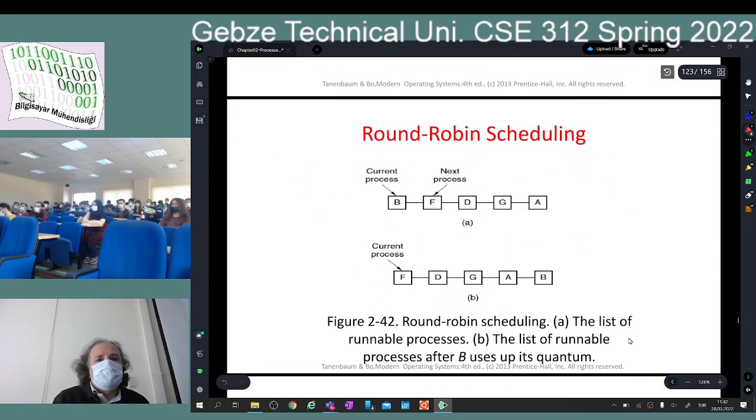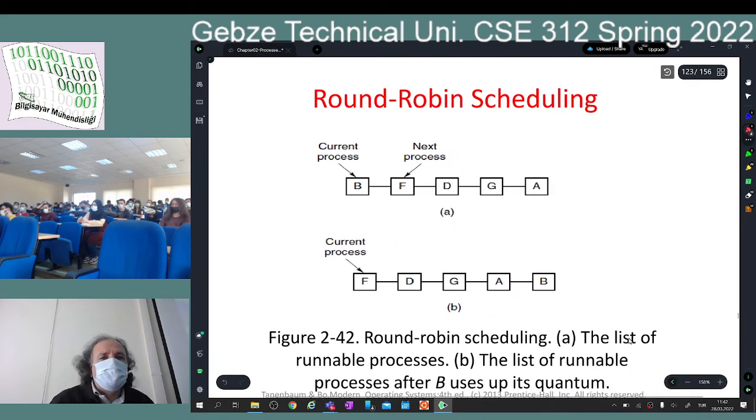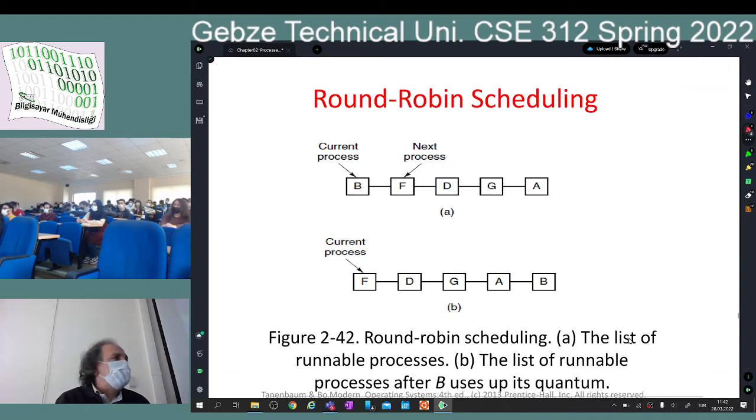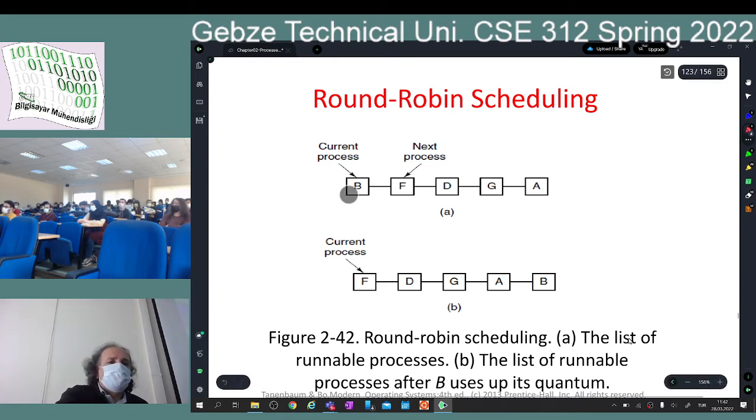Let's look at this round robin scheduling. This is what's going to happen. So this is my ready queue. Inside my ready queue, I have B, F, D, G, and A, maybe first come first serve. They are put in this queue, and I hand the CPU to this process. This process ran, and now it is blocked because it asked the system to do something for it.